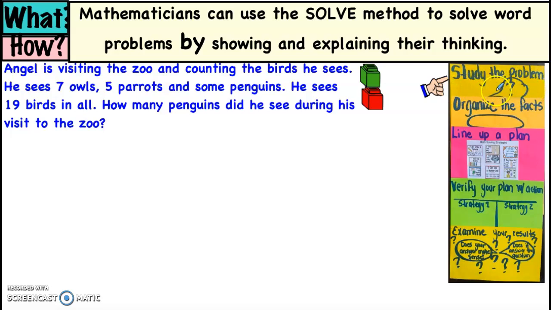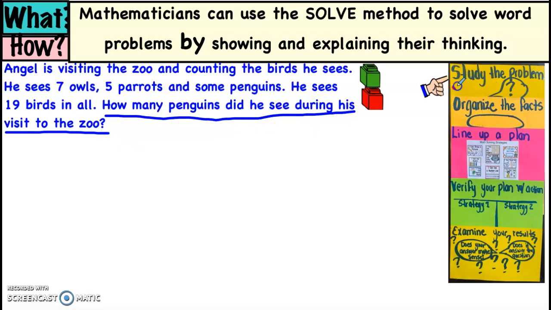So let me ask you, what is this problem asking us to find? You can turn and talk to someone at home. Remember, you can always pause the video. So the problem is asking us to find how many penguins did he see during his visit to the zoo? So did you see, mathematicians, how I underlined that question? So we need to find the number of penguins that he saw.